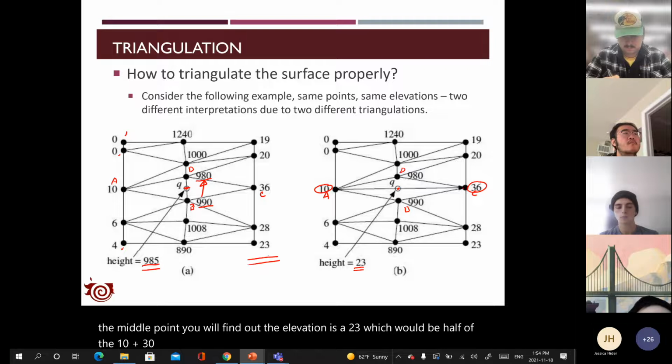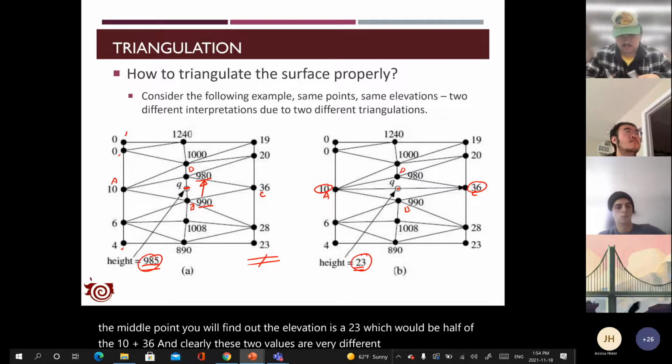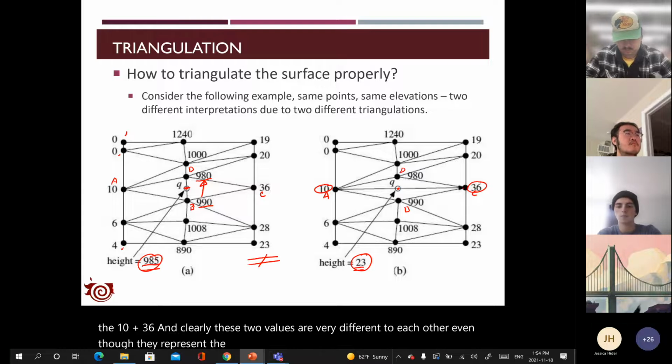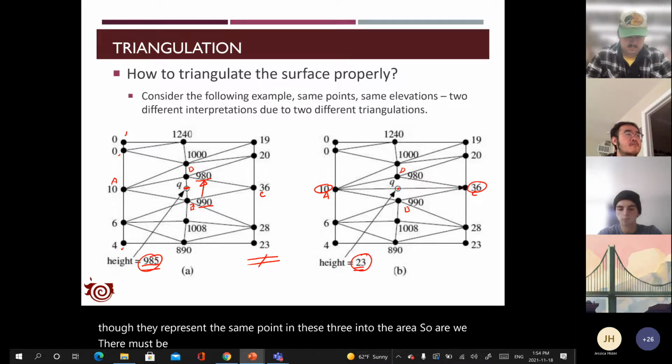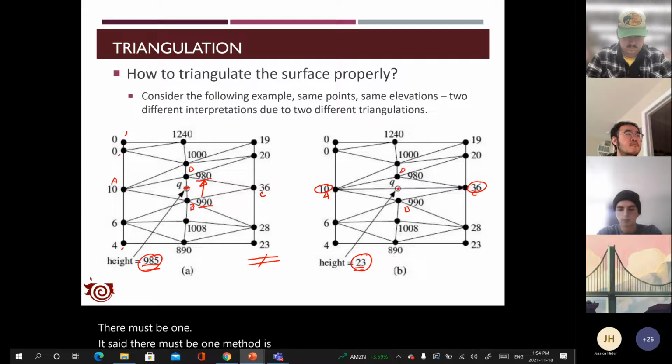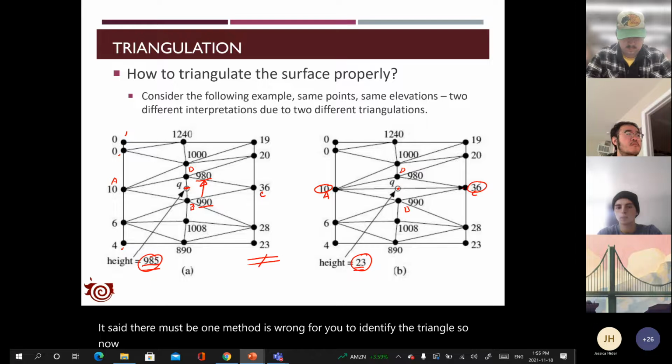And clearly, these 2 values are very different from each other, even though they represent the same point in the 2D area. So there must be one method that is wrong for identifying the triangles. So now the issue is how we can find out which one is right and which one is wrong for generating the triangles.